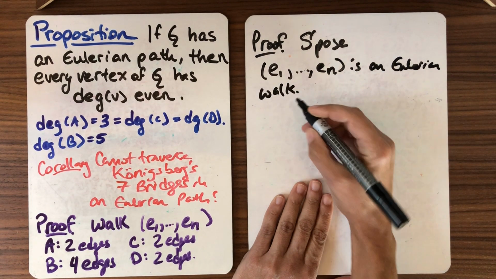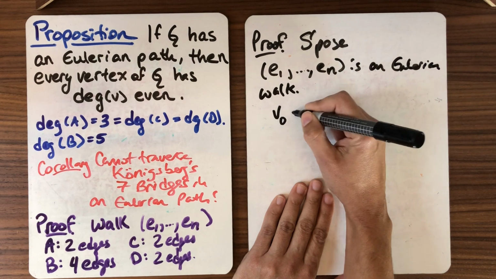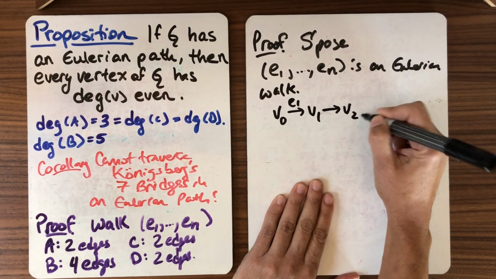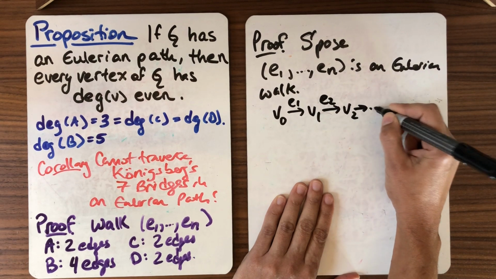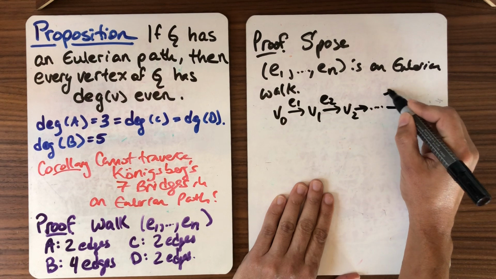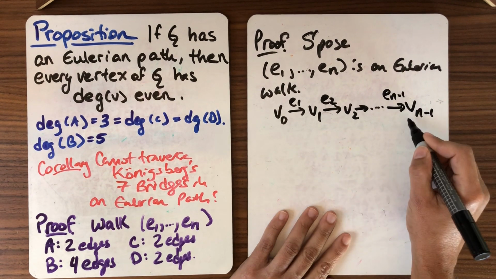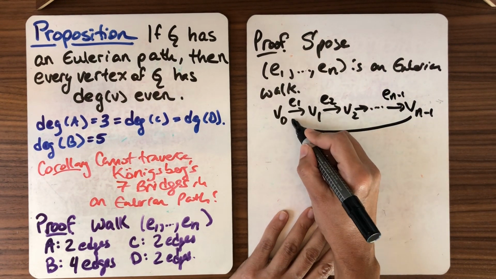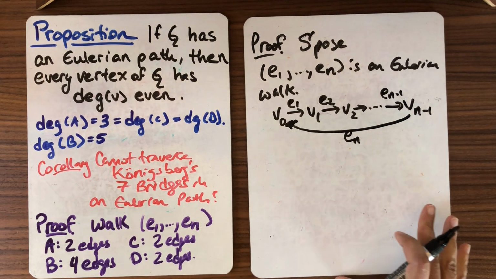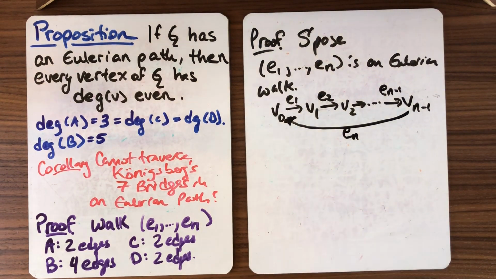And let's suppose further that V0 goes by E1 to V1, and then we go to V2 by E2, and we keep going up to Vn minus 1, then En minus 1, and the last one is going to take us back, just the same as the situation we had before, only now I'm rendering it in notation instead of in a concrete example. So suppose we have this.